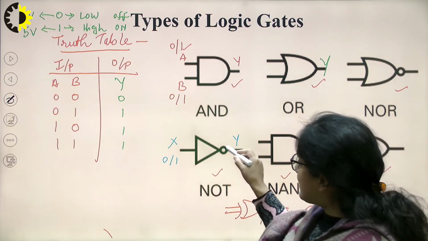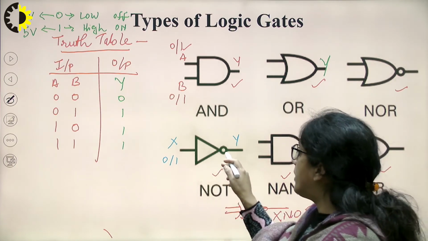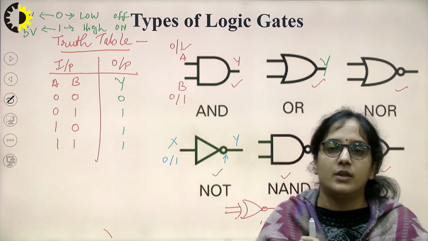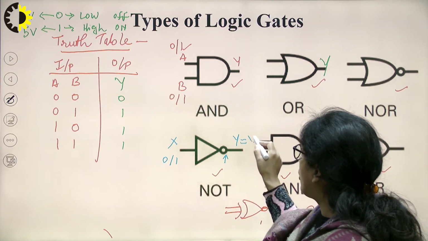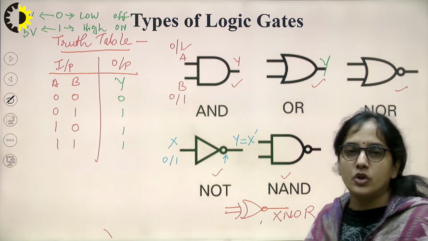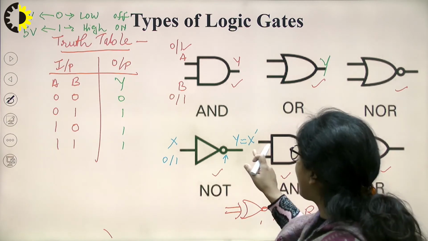If this bubble is there, that is why this is known as the NOT operation. It means complemented, meaning output Y is the complement of X. In terms of an equation, I will represent it like Y is equal to X dash.